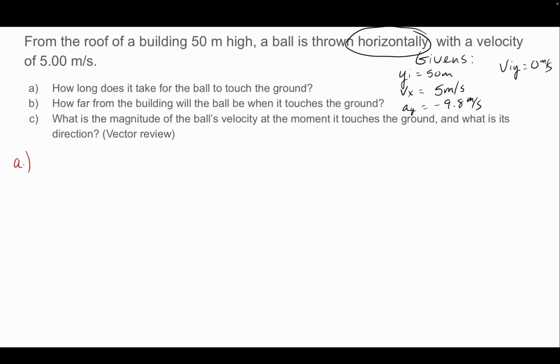So if I look at this, I cannot solve for time in the actual X because I don't have position either.